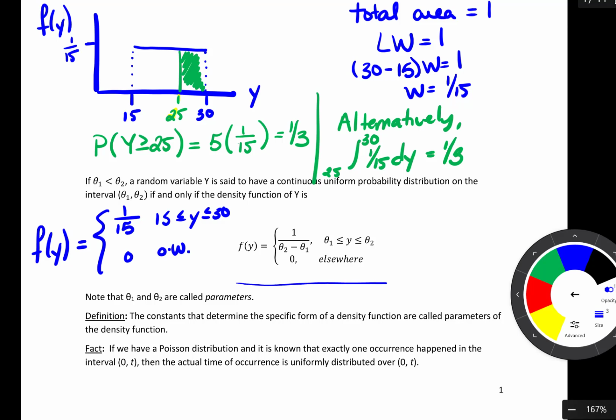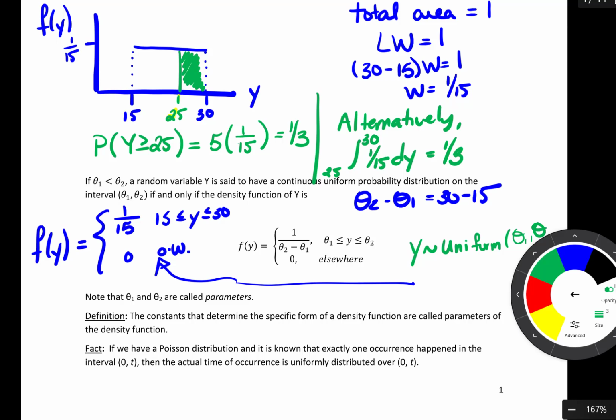This density is exactly what we found for our example, because the denominator, theta 2 minus theta 1, for our example was equal to 30 minus 15. Generally we'll say that y is distributed uniform theta 1, theta 2.